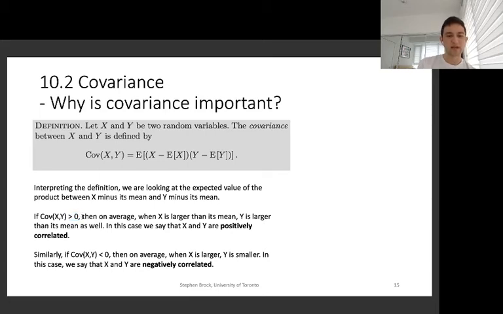Well, that would mean that on average, right? Because when you're looking at expectation, you're looking at the average, right? On average, when x is larger than its mean, that would mean that x minus expected value of x is positive, right? Then y is larger than its mean as well. All right, so how did I get that? Well, looking at whether the covariance is positive or negative is just a simple attribute, right?